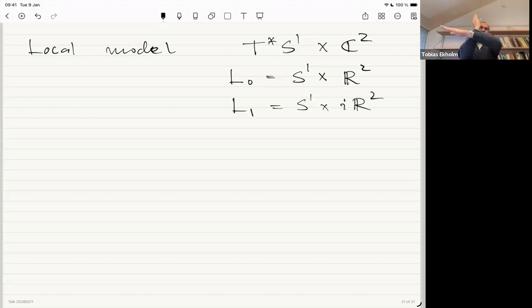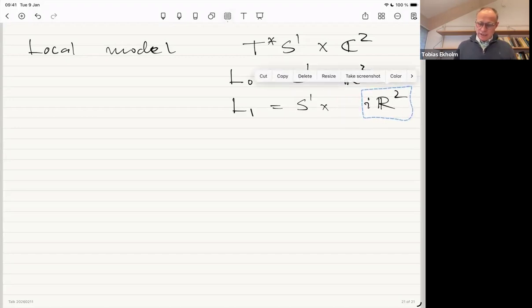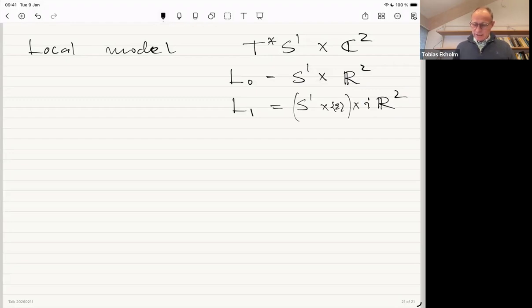So these are transversely intersecting Lagrangians, intersecting along the knot, right? And so I want to include this shift. So I'm taking S1, shifted up by epsilon in this T star S1, and then times iR2.